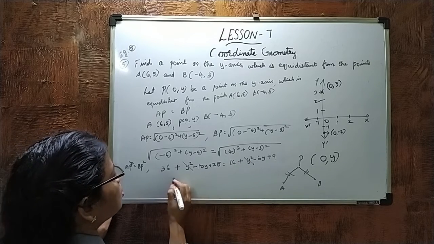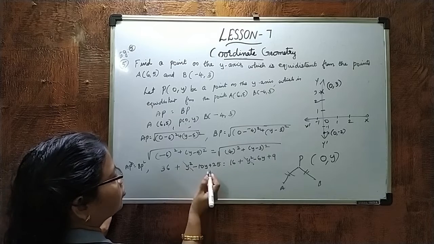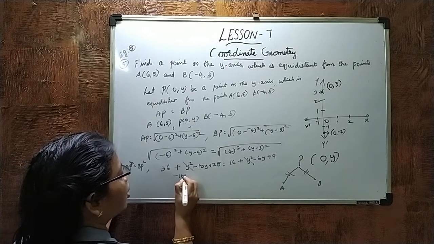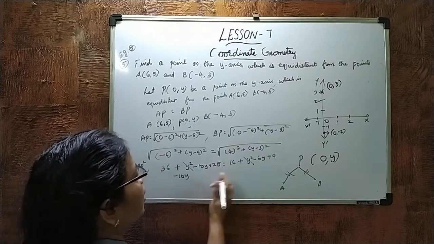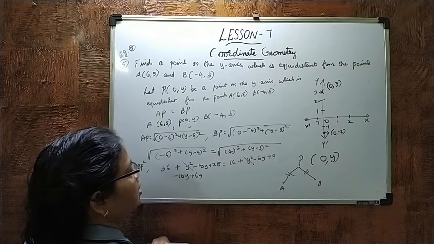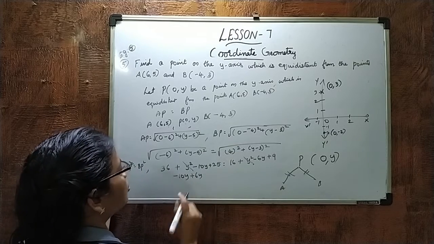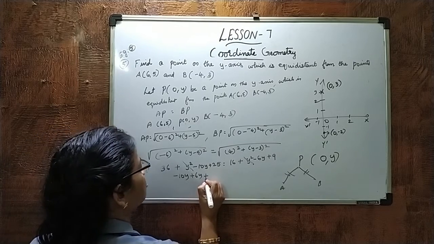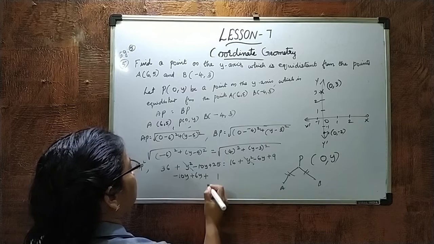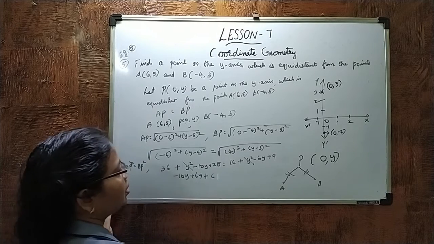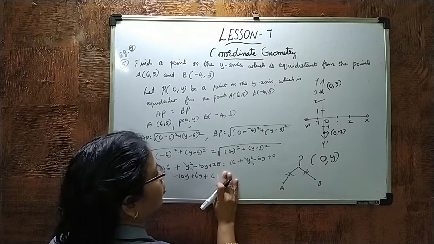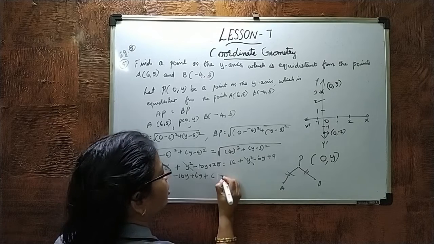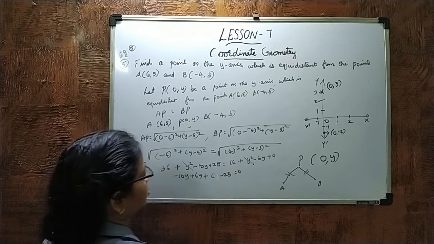So 36 plus, first you write the y term. So it will be negative 10y. Here it is plus 6y, you are taking this side. So again 36 plus 25, that means it is plus, it is 61, right? Equals, here not equals, 16 plus 9 we are taking outside, it will be minus 25 equal to 0.